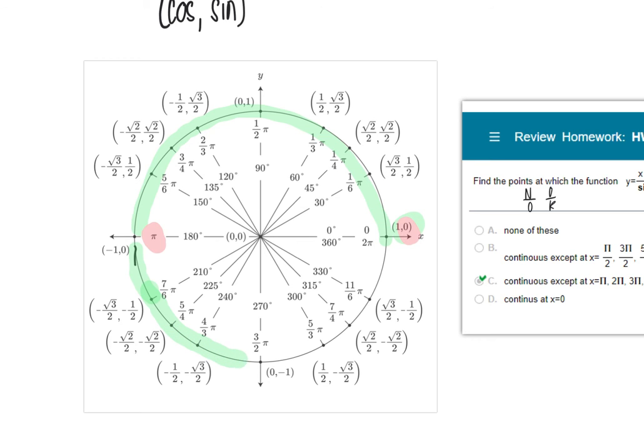Now, the 0 right here is an x coordinate. So we keep on going until we end up where we started. But this goes from 0 to pi, 2 pi, 3 pi, 4 pi, 5 pi, 6 pi.